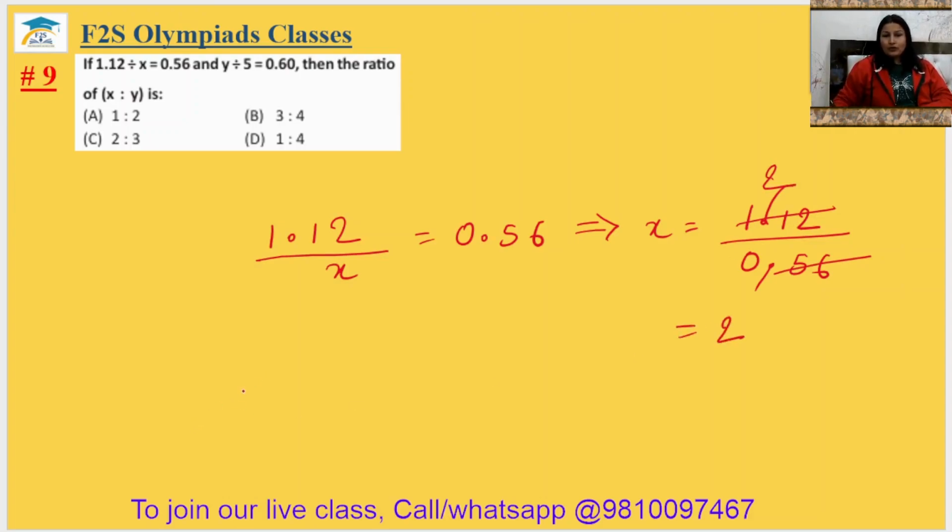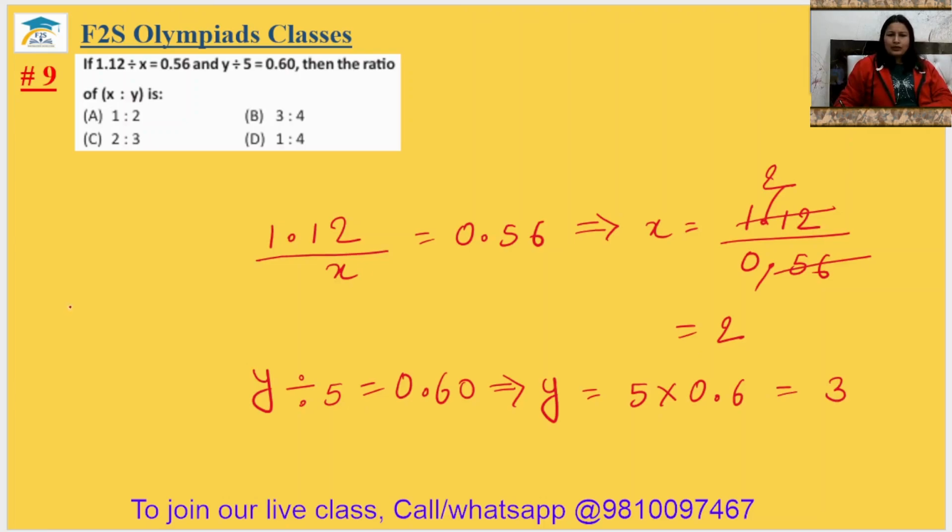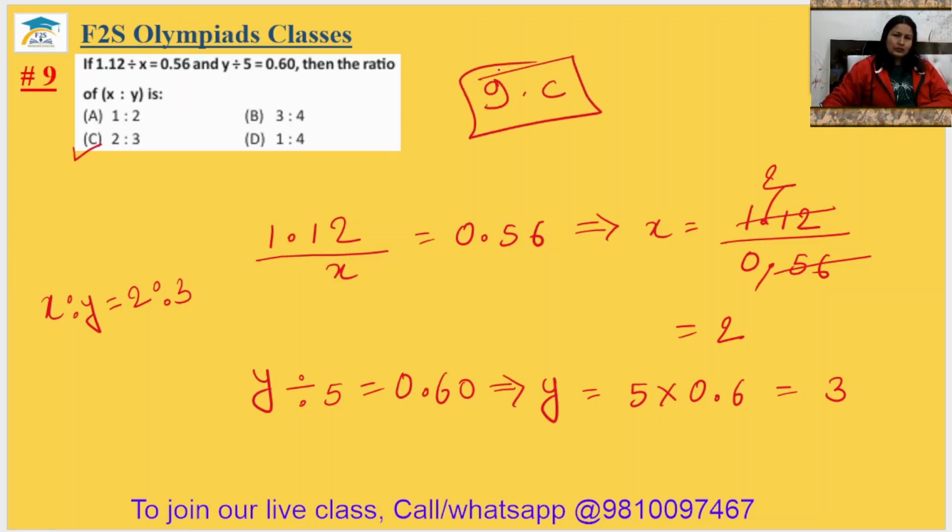And y divided by 5 equals 0.60. This implies y equals 5 multiplied by 0.6, equals 3. So x is to y equals 2 is to 3. It is in option C. So the ninth answer will be option C.